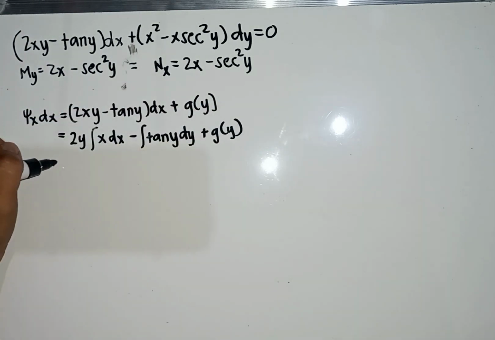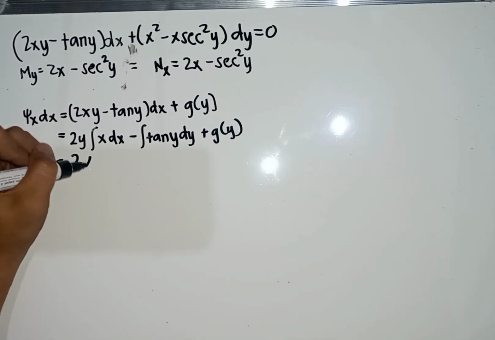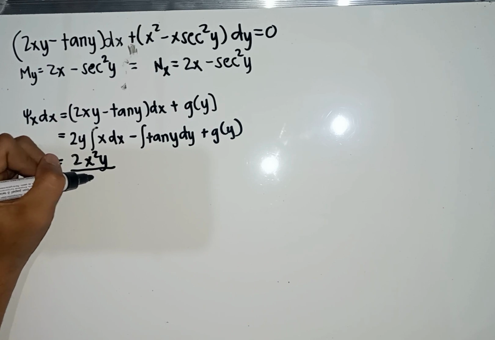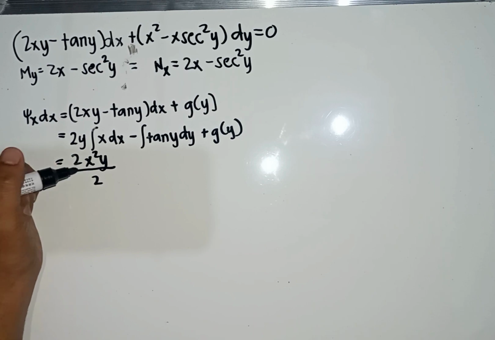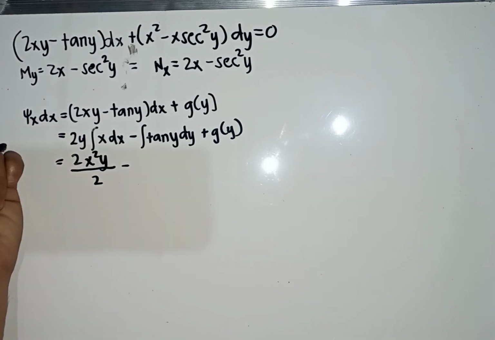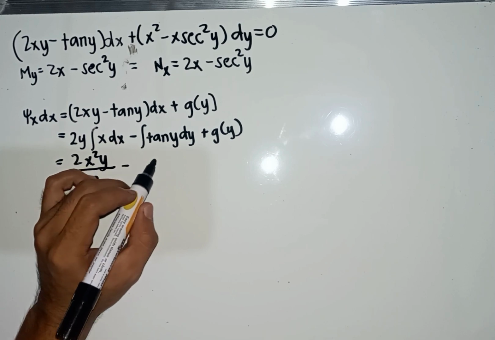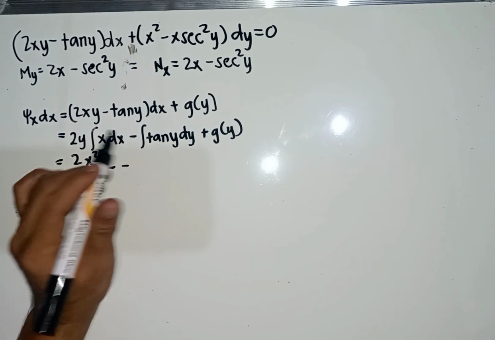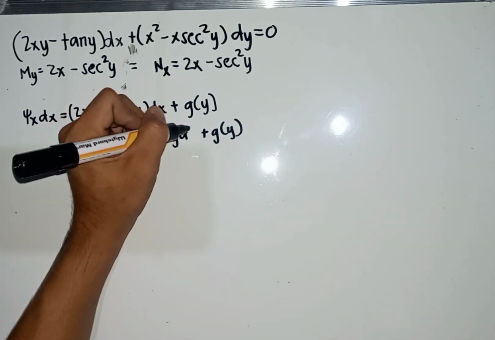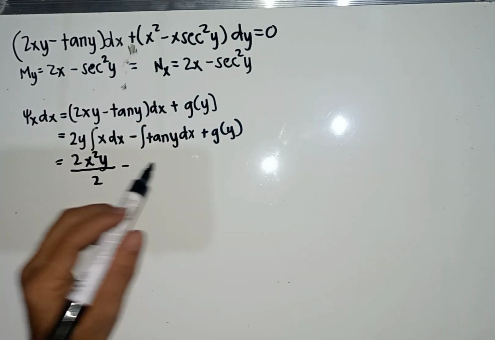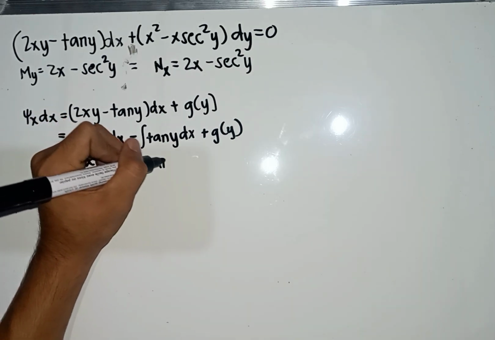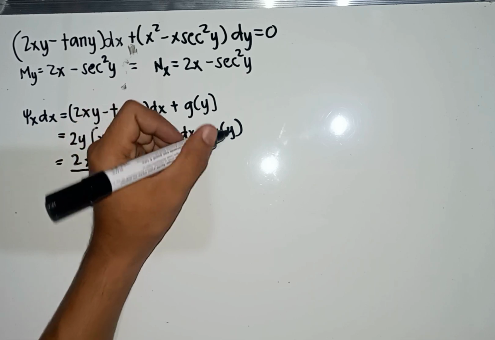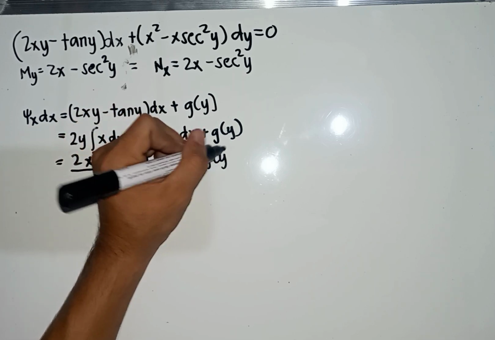So this will be equal to 2 x squared y over 2, for this was the power rule, minus x tangent of y plus g of y.